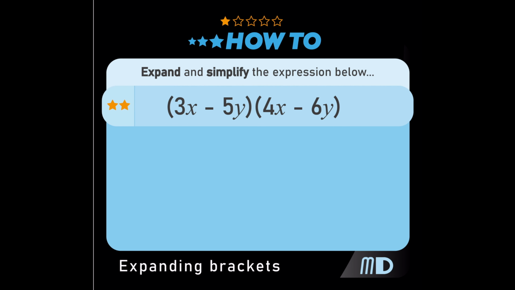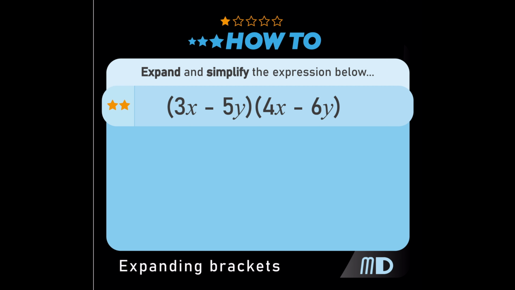The expression here is 3x minus 5y enclosed inside one pair of brackets, multiplied by 4x minus 6y enclosed inside a second pair of brackets.